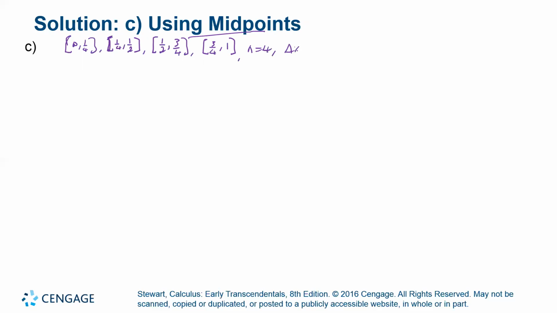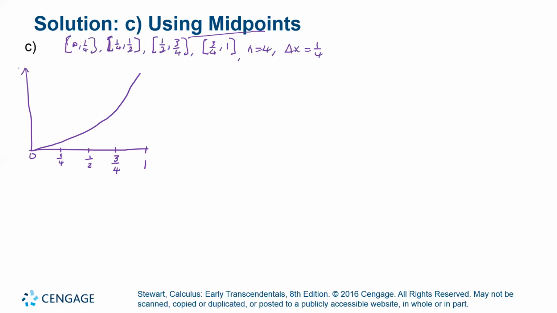My delta x is what? 1/4. So that doesn't change. Okay, so then let's see how the graph will change here. I still have my graph going like that. It's increasing. This is my 1, that is 1/2, that is 3/4, this is 1/4, and that is 0.